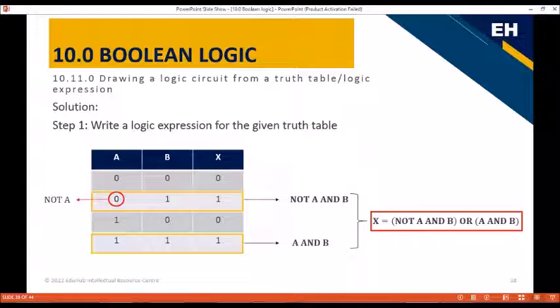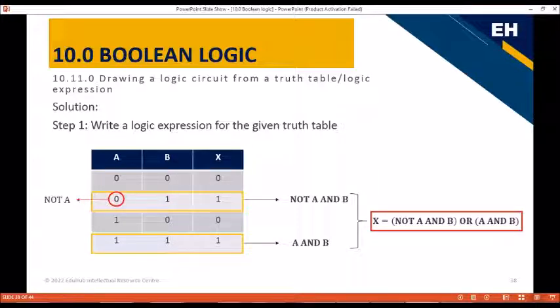Step 1 is to write a logic expression for the given truth table. We already know how to write a logic expression from the module immediately before this one. If you are still finding it difficult, I encourage you to go back to that module and learn more about it.